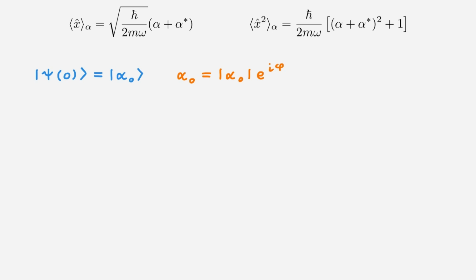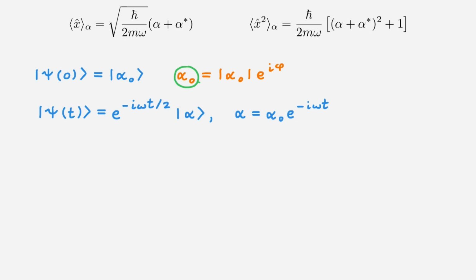We then know from the video on coherent states that the state of the system at a later time t is also a coherent state, characterized by the eigenvalue alpha of the lowering operator, where alpha is equal to alpha 0 times the exponential of minus i omega t. Inserting this expression for alpha 0 in here, we can rewrite alpha as equal to the magnitude of alpha 0 times this phase factor.